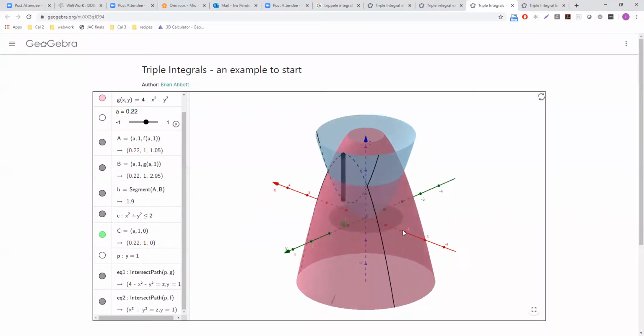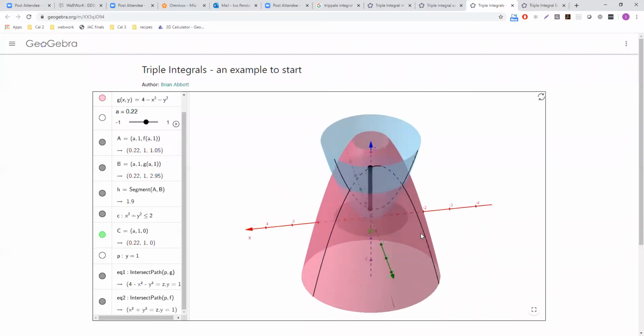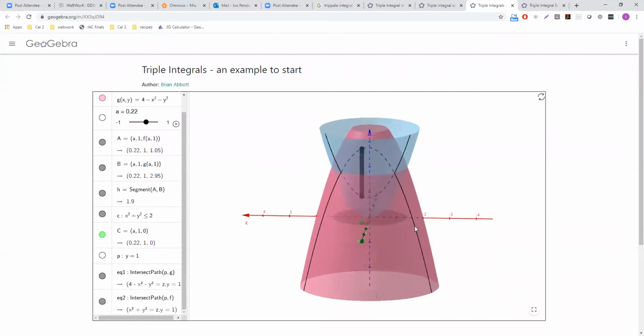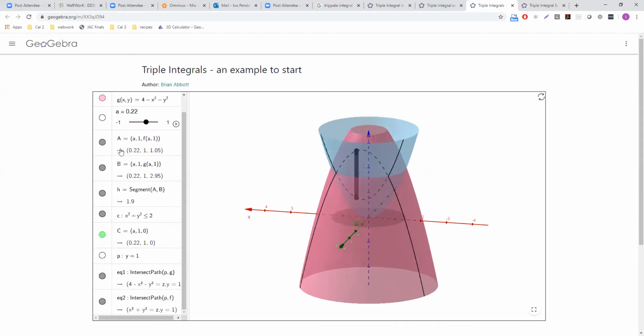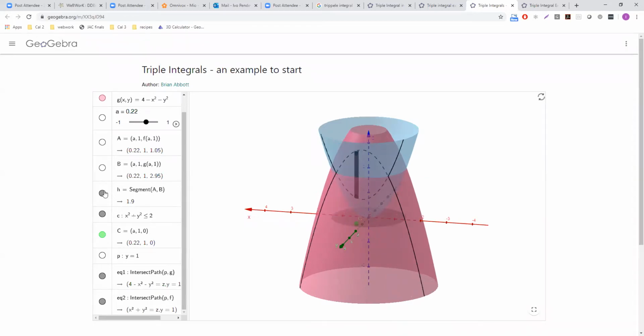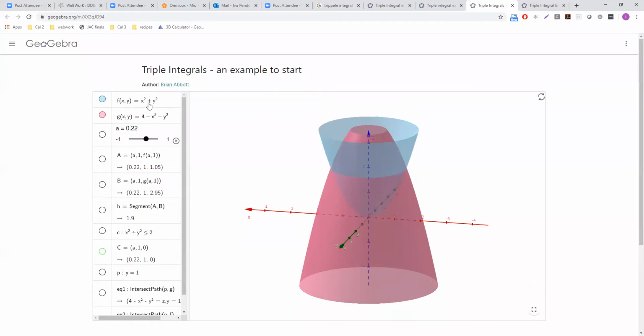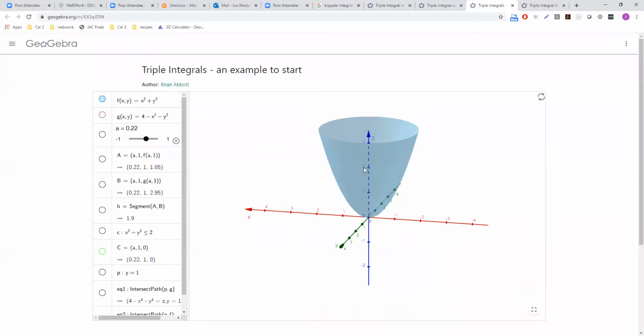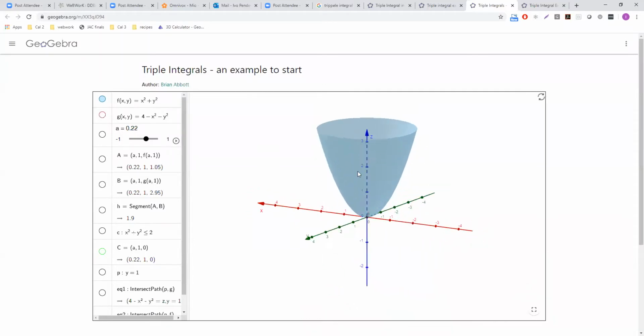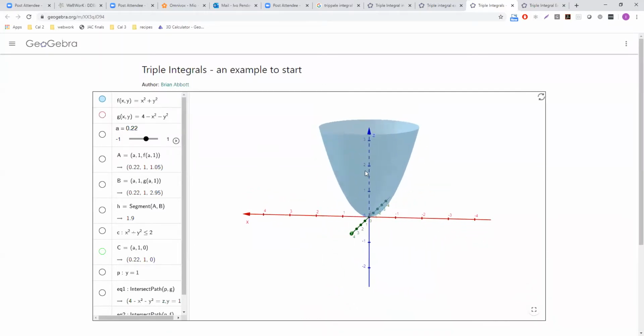This is what the region, the intersection, is going to look like. This is x squared plus y squared, a paraboloid opening upwards along the z axis, and then 4 minus x squared minus y squared.